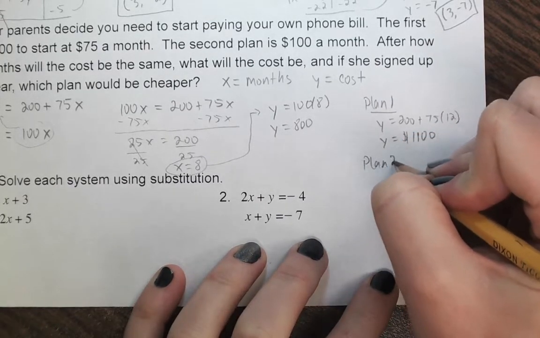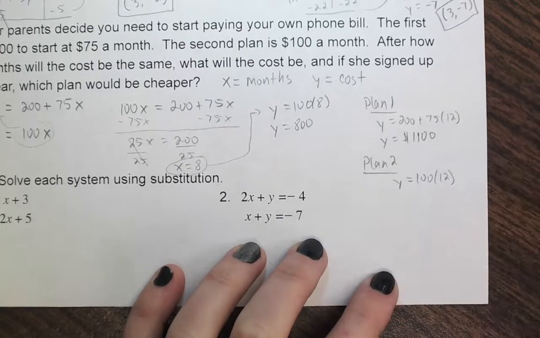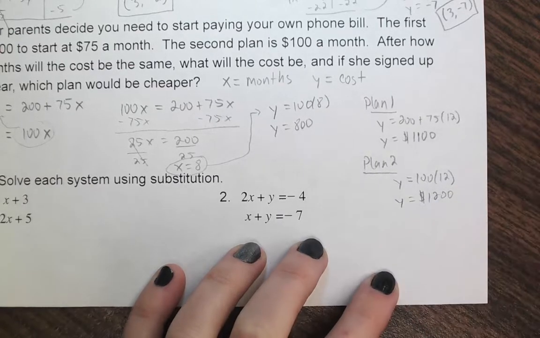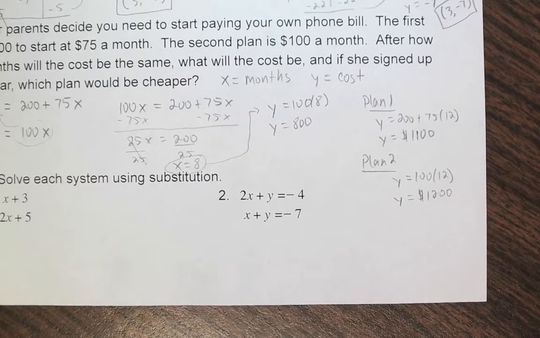Plan 2, I have 100 times 12. That would be $1,200. So if she had it for a year, plan 1 would be the cheaper plan to go with.